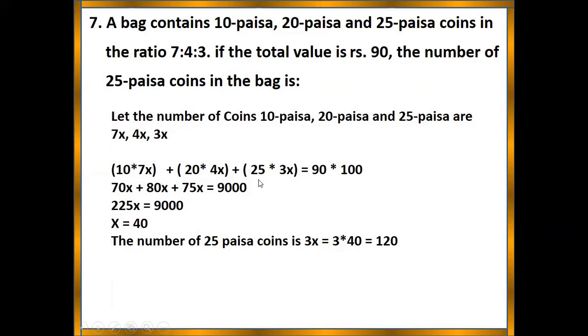Sabishta has 25 paisa coins, 3 coins, 75 paisa. The total amount of the three together is 70 plus 80 plus 75, in terms of paisa. But they gave 90 rupees, that is the reason we need to convert. Otherwise, no need.